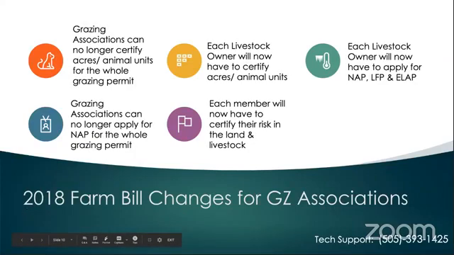And something that did change with the new 2018 Farm Bill was that grazing associations can no longer certify all of the acres and animal units like they have in the past. So in the past, a lot of these grazing associations may have a permit from their pueblo, or we've even got some from the Forest Service that encompasses all of the members of the grazing association.